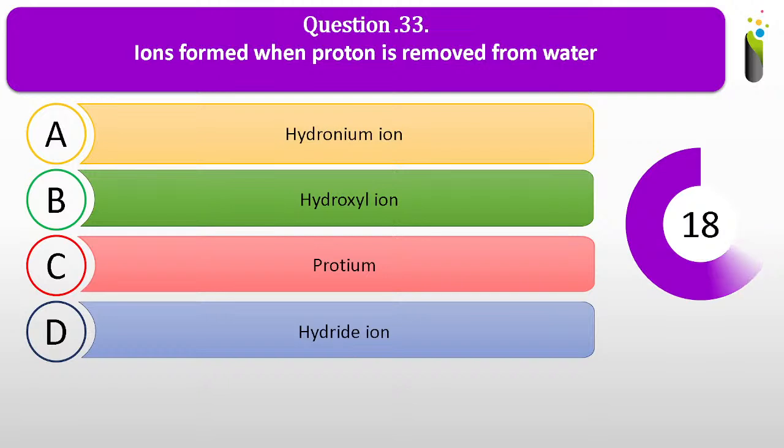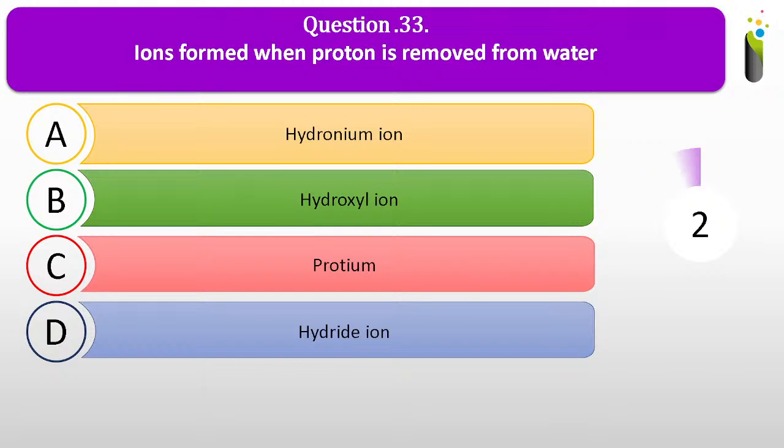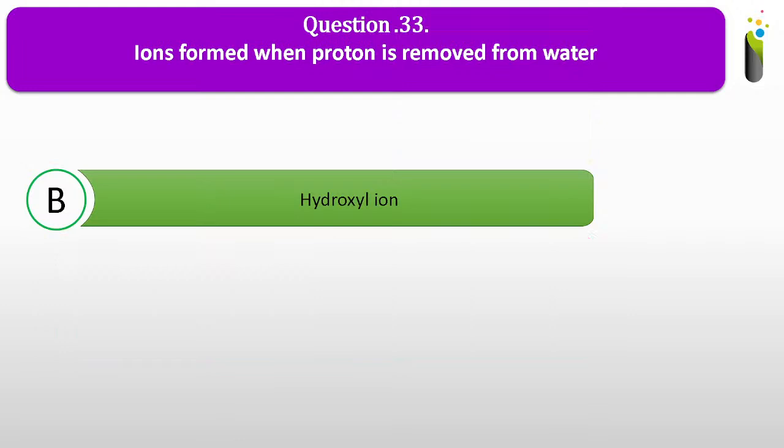So the ions formed when proton is removed from water. And the correct answer for this question is B, that is hydroxyl ion.